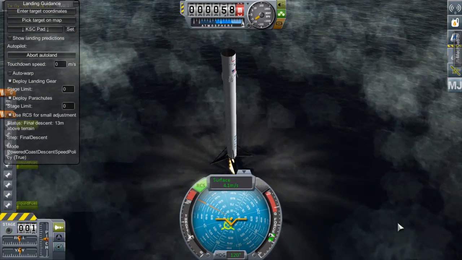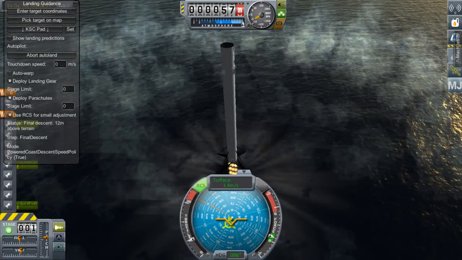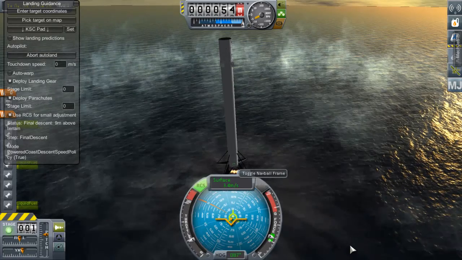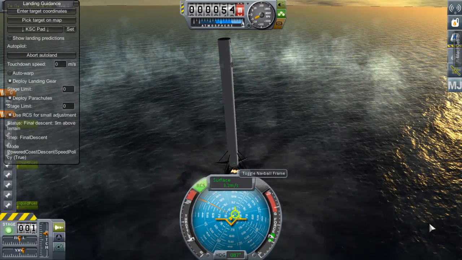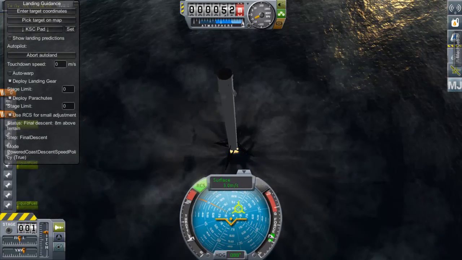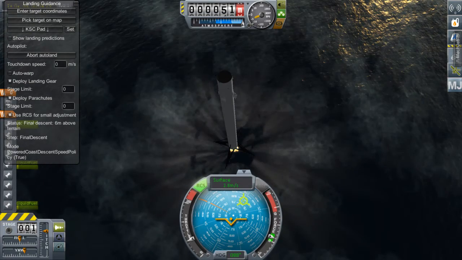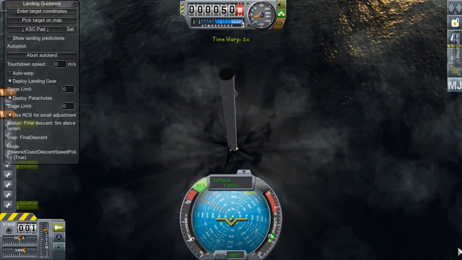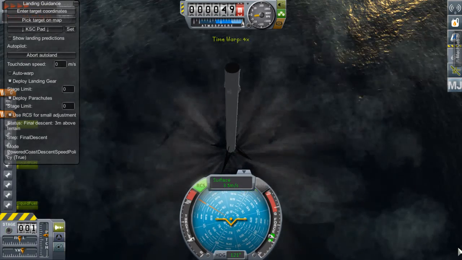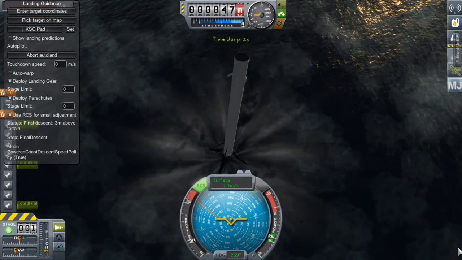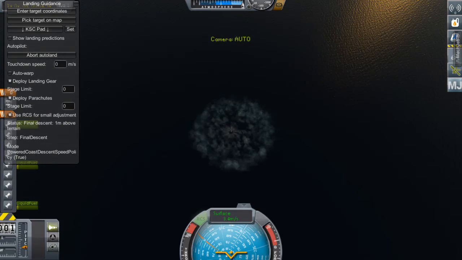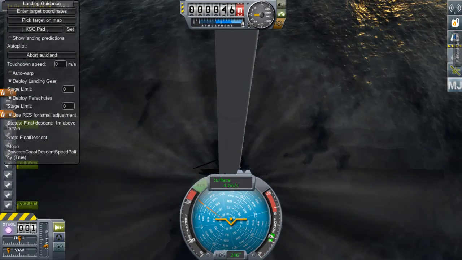6.5. Nine meters, 8 meters, 7 meters, 6 meters, 5 meters, 4 meters, 3 meters, 1 meter, approaching touchdown.